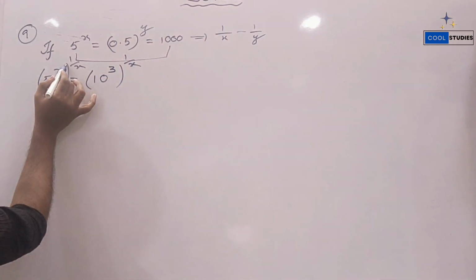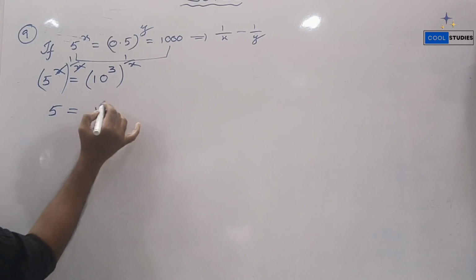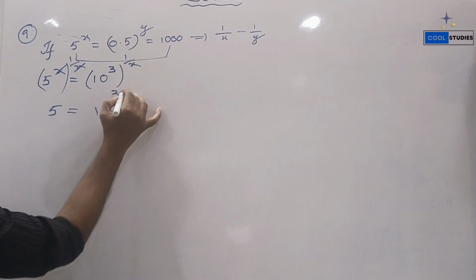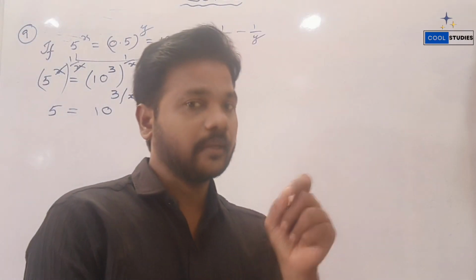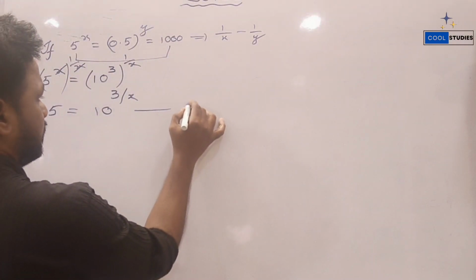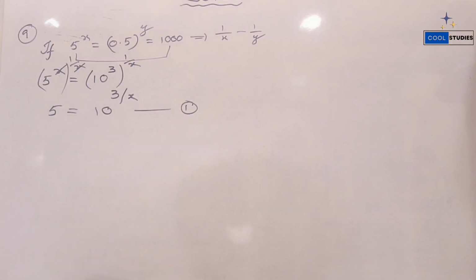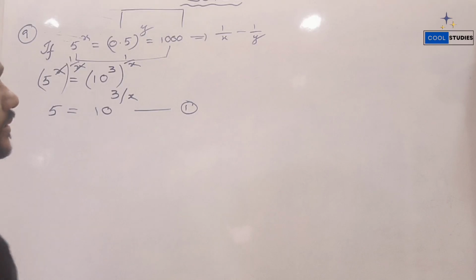Now here x is cancelled. 5 is equal to 10 power 3 into 1, 3 by x. We got the value of 5 is 10 power 3 by x. This is equation 1. Similarly, let us consider these two parts.